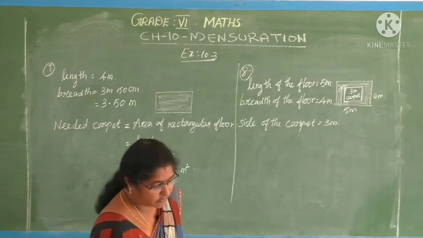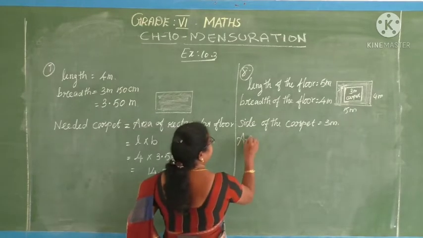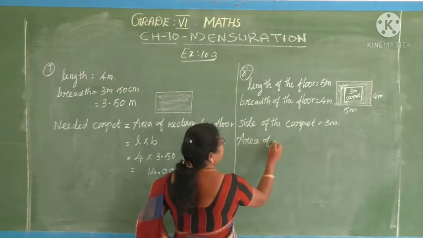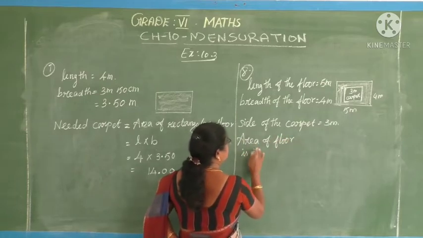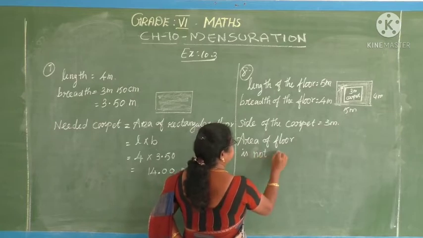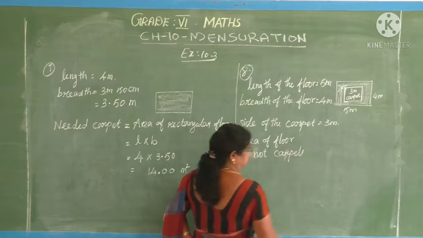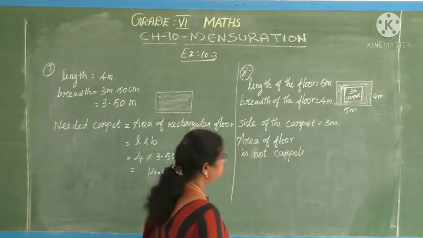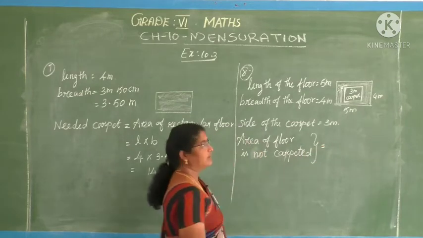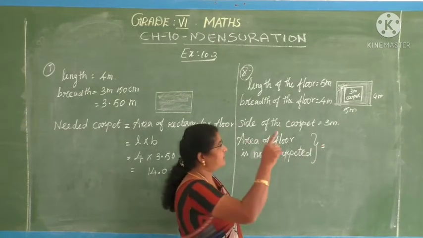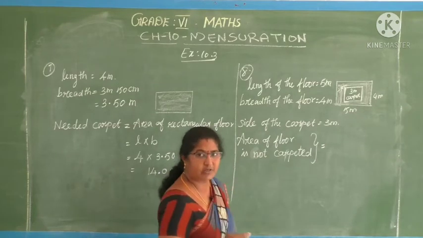Next, we have to find the area of floor that is not carpeted. Area of floor not carpeted is equal to this shaded portion, area of outer minus area of inner. So area of outer is the floor, that is a rectangle.